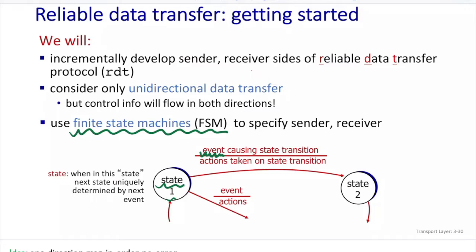Every time you observe a new event in your system, your state may change, or we say transit, from one state to the other state, because you observe certain input or you do some output. The event causing the state transition will be written above this line. When you do such a state transition, there might be some actions that should be taken.